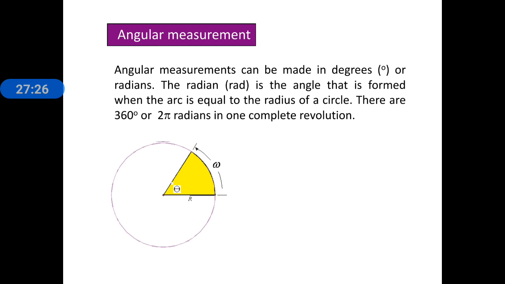Angular measurements can be made in degrees or radians. The radian is the angle formed when the arc is equal to the radius of the circle. There are 360 degrees or 2 pi radians in one complete revolution. So in the comparison between radian and degree, 180 degrees means pi radians, so 360 means 2 into 180, so 2 pi radians.